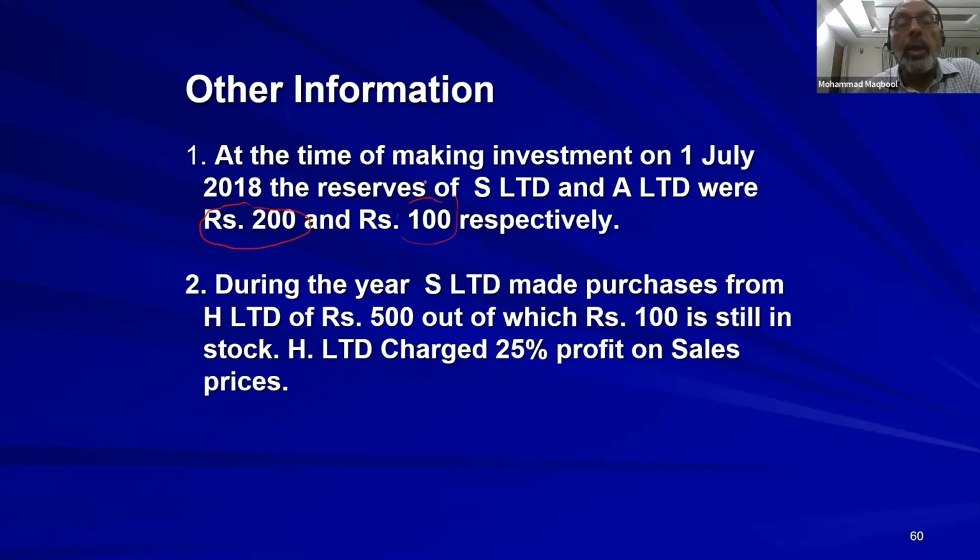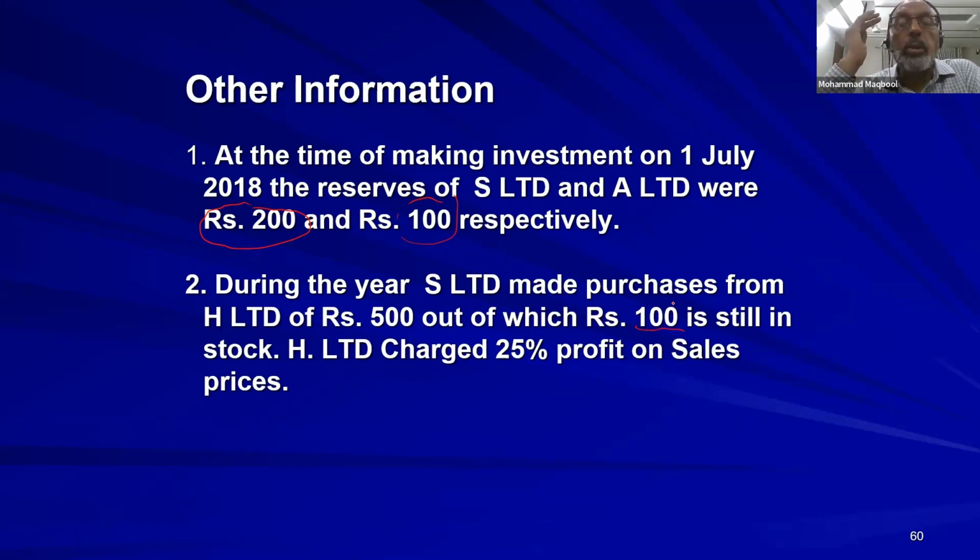And then during the year, S Limited made a purchase from H Limited, which is called an intergroup transaction, of 500. One has a sale of 500, the other has a purchase of 500, so we need to eliminate that intercompany transaction. Also, 100 of this purchased stock is still in inventory.